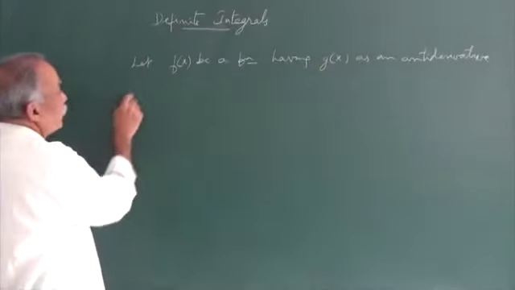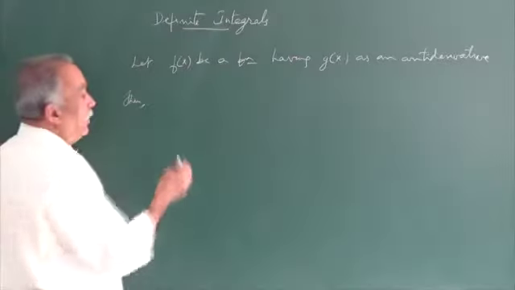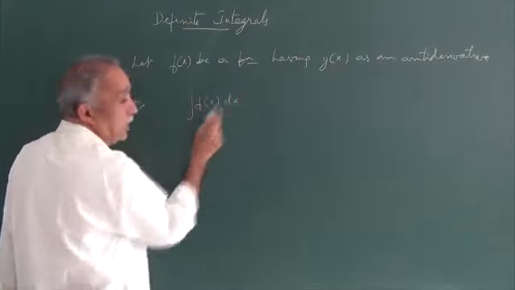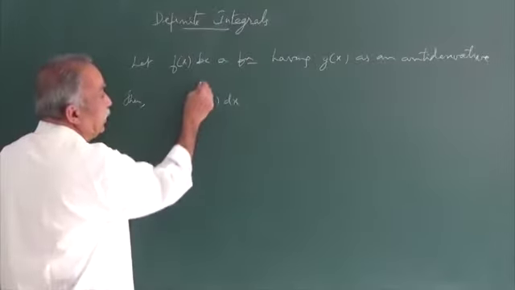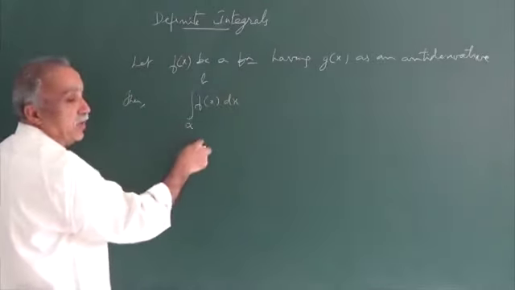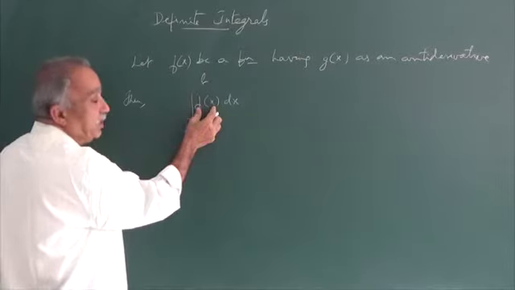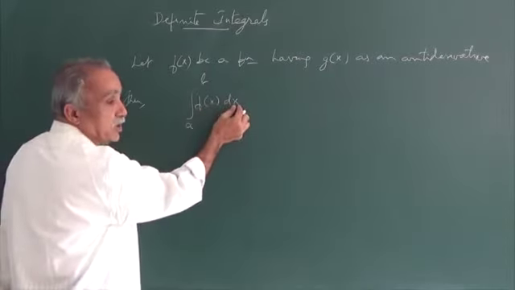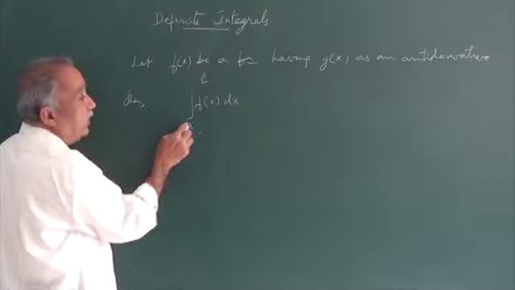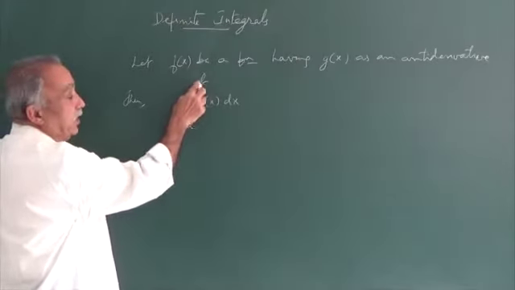Then the definite integral of f of x with respect to x evaluated between limits a and b, the notation used is this one. This is the function to be integrated, the variable with respect to which integration is to be carried out, the lower limit of integration, the upper limit of integration.